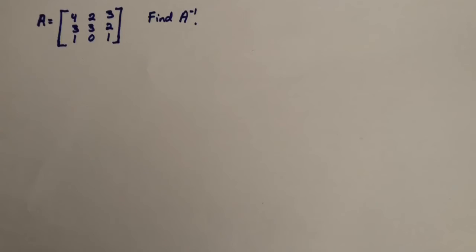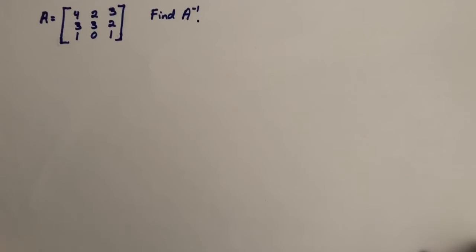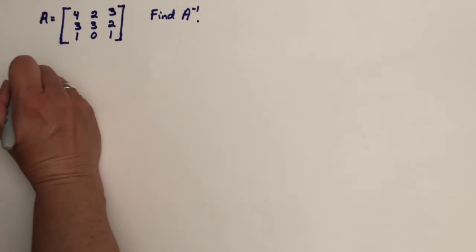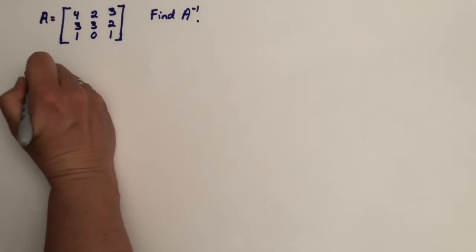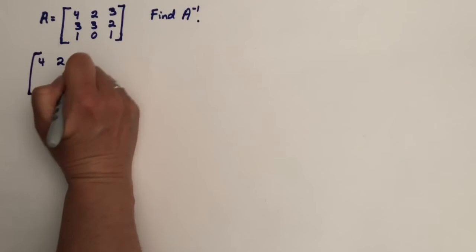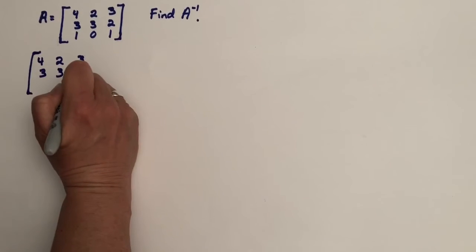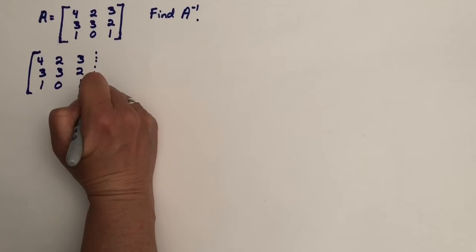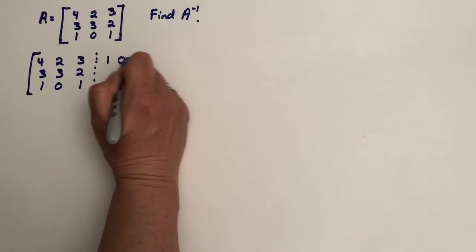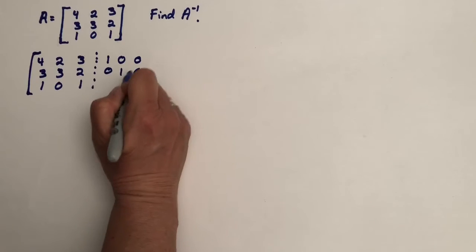Our task is just as it was on our previous one where we didn't have the formula, where we were using the elementary row operations. So let's jump in. We will have 4, 2, 3, 3, 3, 2, 1, 0, 1, and on the right-hand side, we have the identity matrix.